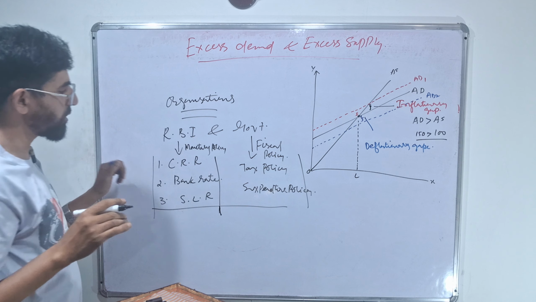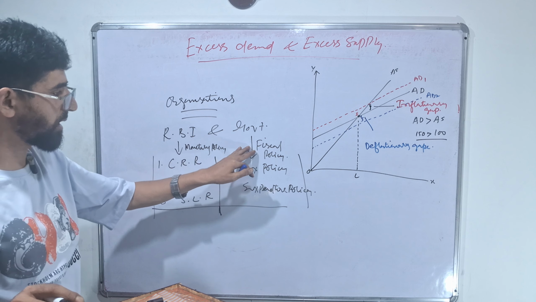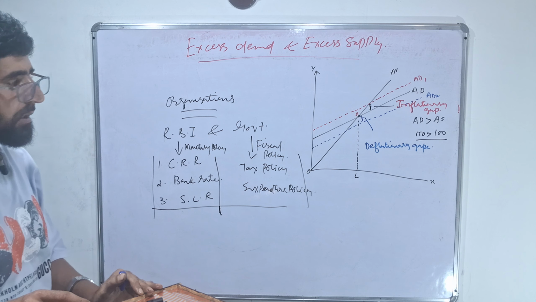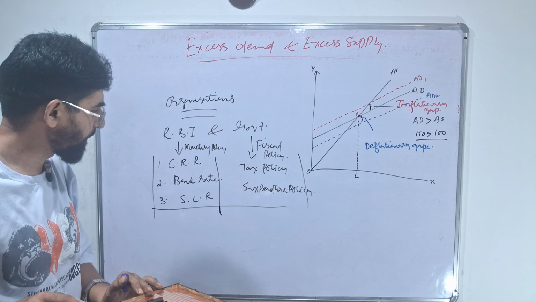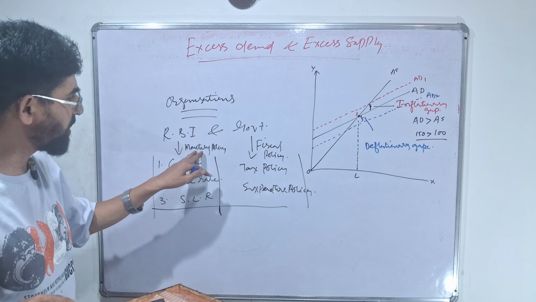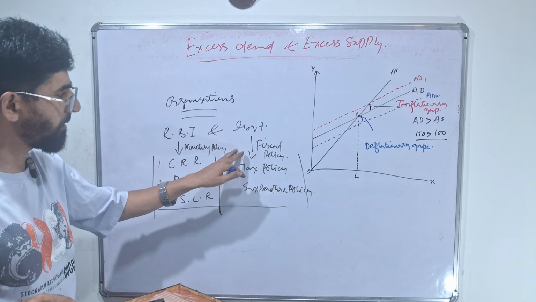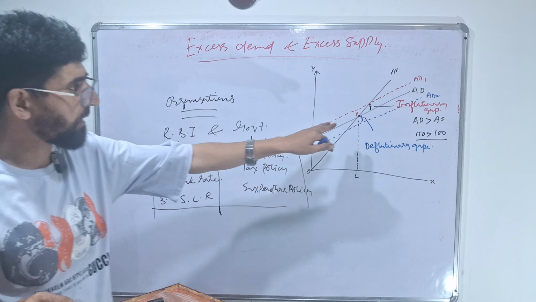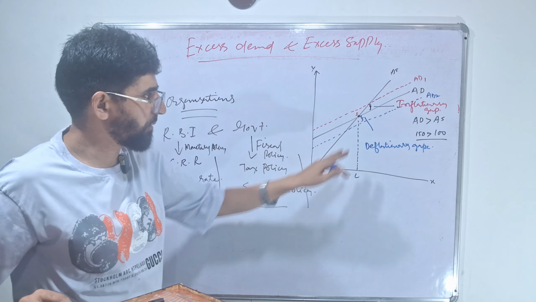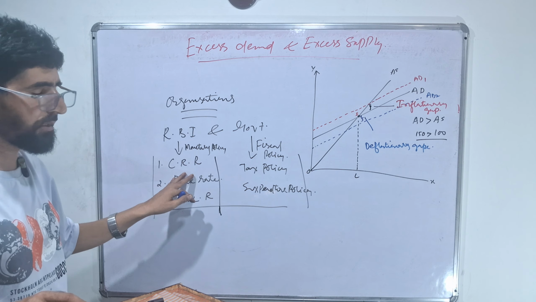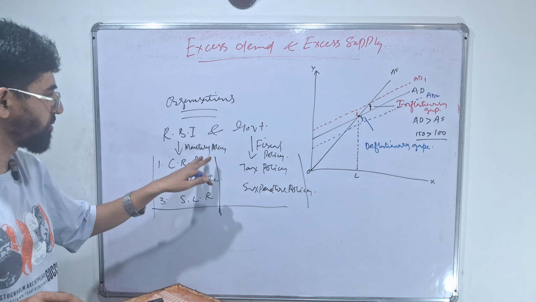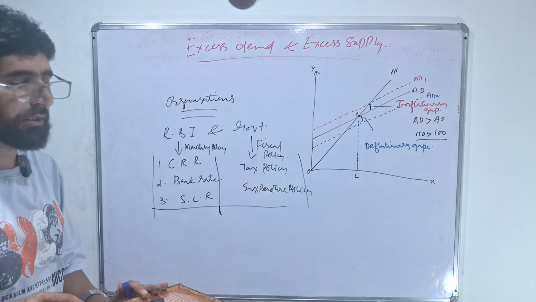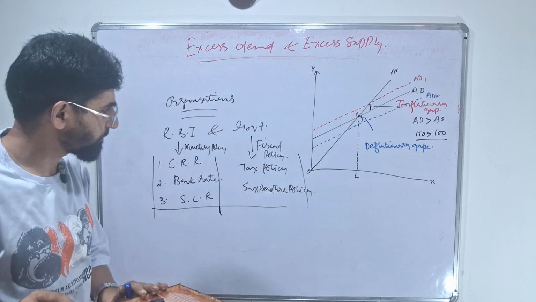And these are the two instruments, monetary policy and fiscal policy, which government utilizes in order to control inflationary or deflationary gap in an economy. To understand how inflationary and deflationary gaps are corrected, you can go through these two videos, monetary policy and fiscal policy.